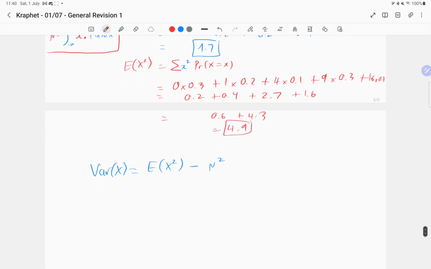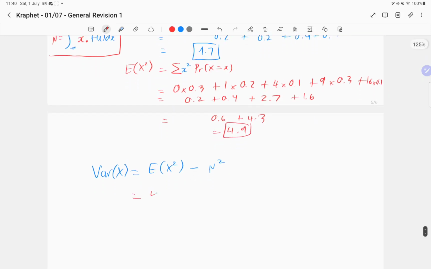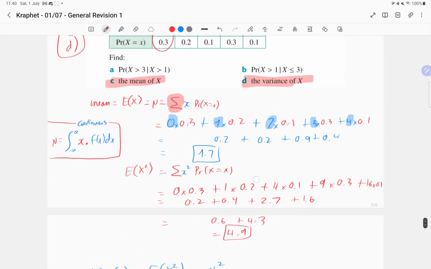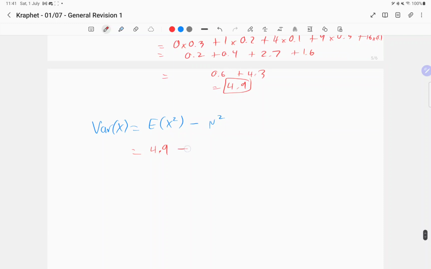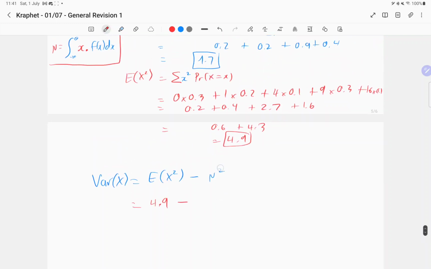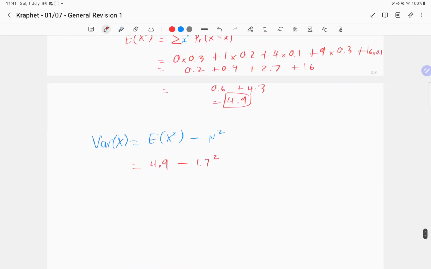Okay, and then you gotta do EX squared minus mean squared, so that will be 4.9. So they ask for variance, right? Yep, because you can't do square root on a non-tag paper. So 4.9 minus the mean squared, which is 1.7 squared, and this is how they test your decimal number operation.